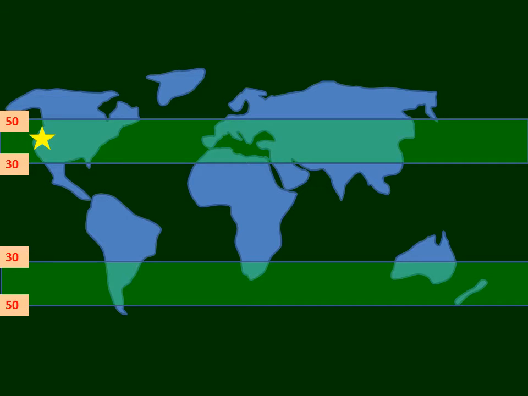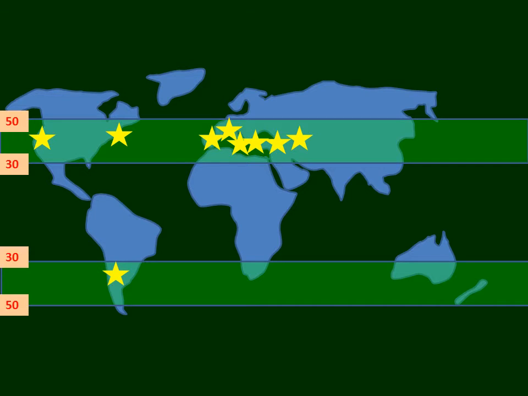On the west coast of the United States, on the east coast, and then numerous places throughout Europe and the Mediterranean area. The largest concentrations of grapes in the world are throughout this area.